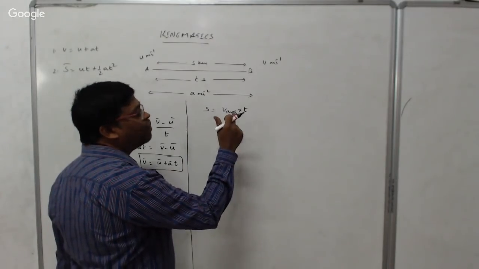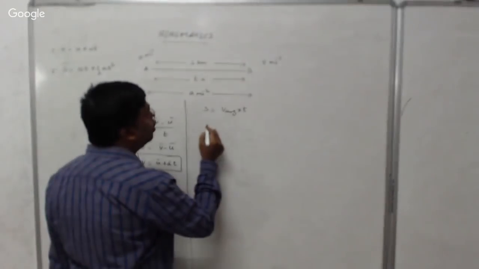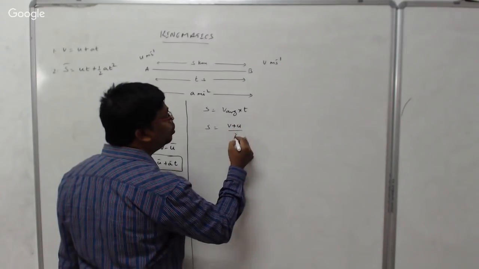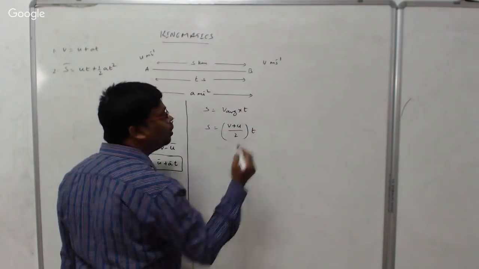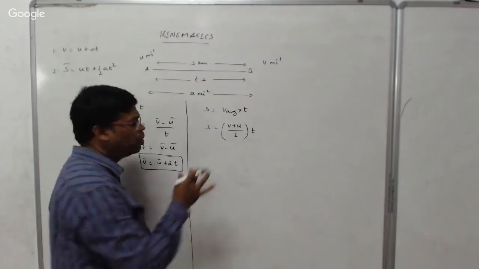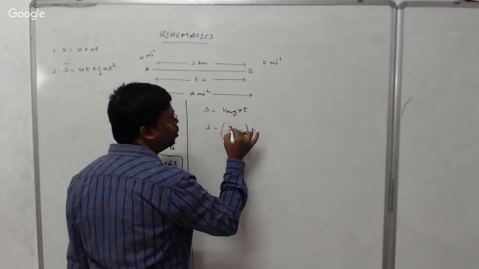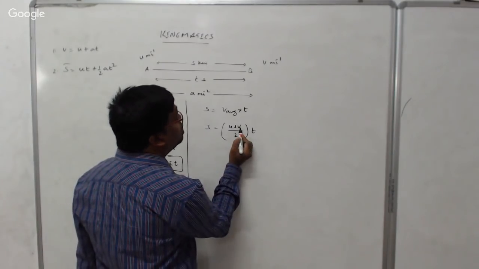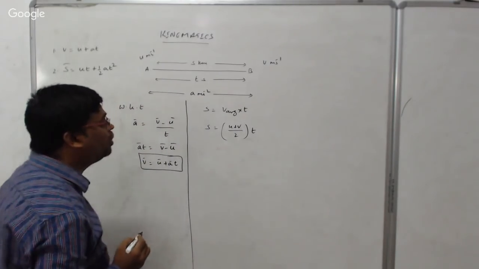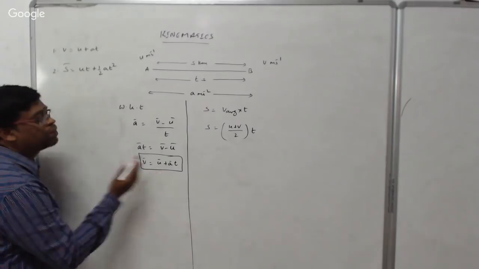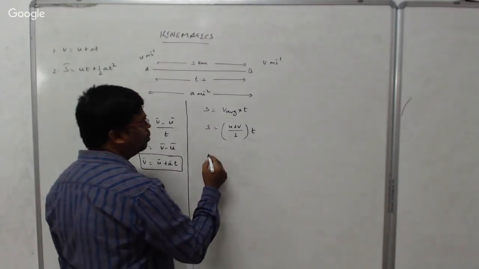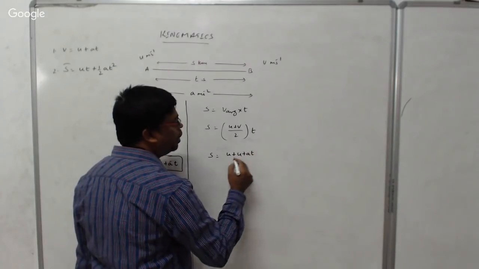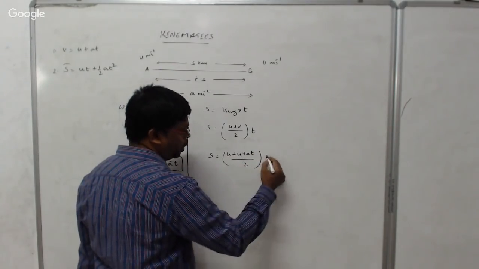Distance is equal to average speed into time. Then average speed can be written as (u + v) by 2 into t. But v, just now we derived, is u plus at. So s is equal to (u + (u + at)) by 2 into t.